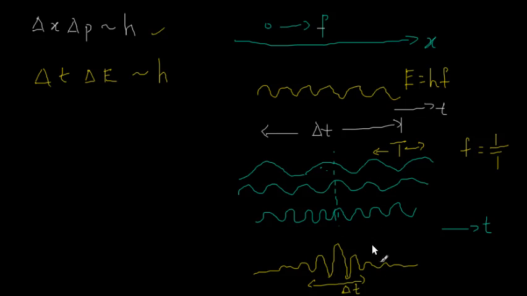Or it must be made up of a corresponding range of frequencies, and therefore of energies. So therefore, like in the case for the x and p, there can be a relation that relates the range of t to the range of energy E.